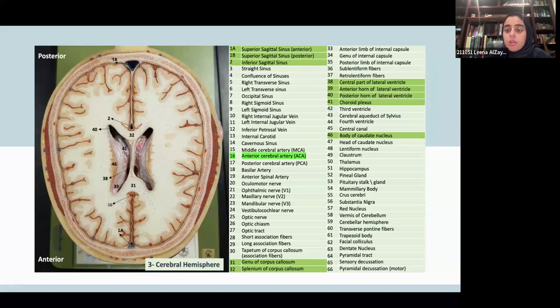We have parts of the lateral ventricles, and then we also have the body of the caudate nucleus at 46, just a random concept. I don't think you have to necessarily distinguish it, but it is the caudate nucleus, which is part of the basal ganglia. Was it the striatum? Okay.